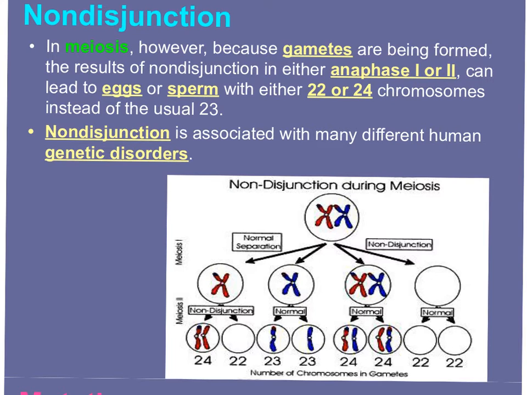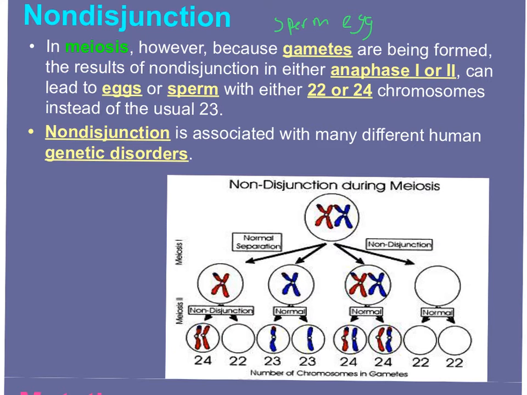When it's mitosis, cells are probably just going to die out, and that's okay. When we're talking about meiosis, it becomes a bit of a bigger problem, because meiosis results in gametes, which, as you know, would be the sperm and egg cells. And these sperm and egg cells are going to go on to produce a zygote, or eventually a baby.